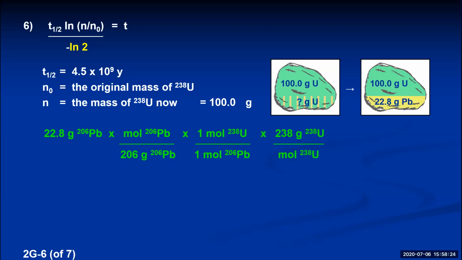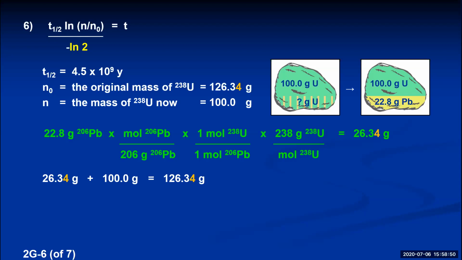And using the molar mass of the uranium-238 isotope, which would be 238 grams per mole, we can calculate that the missing mass of uranium in the original rock must have weighed 26.3 grams. So if we add the 26.3 grams with the 100 grams that are still present, that means the rock must have originally had 126.34 grams of uranium in it at the beginning of its life.